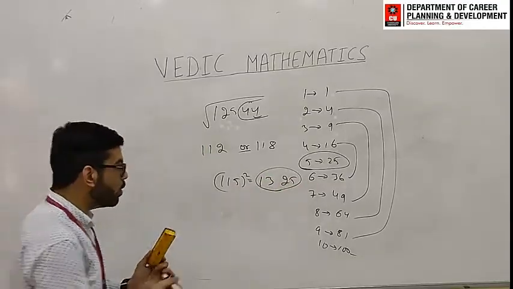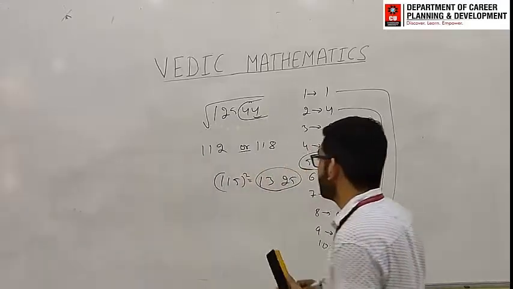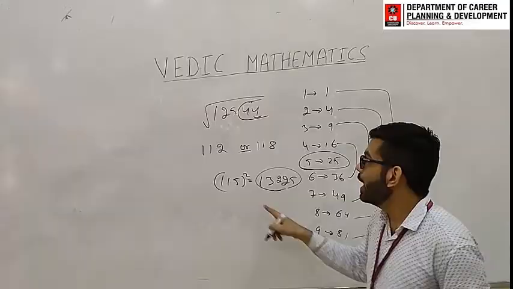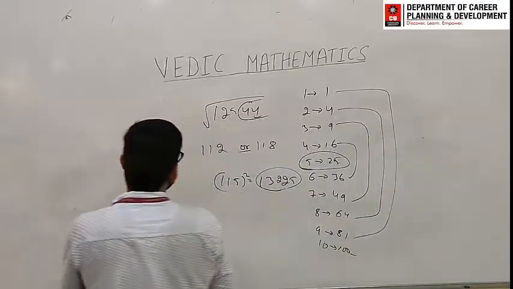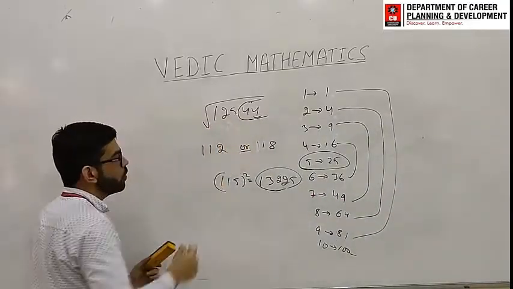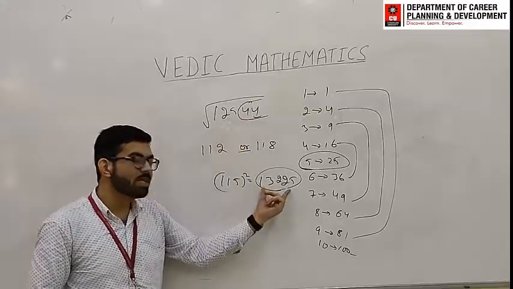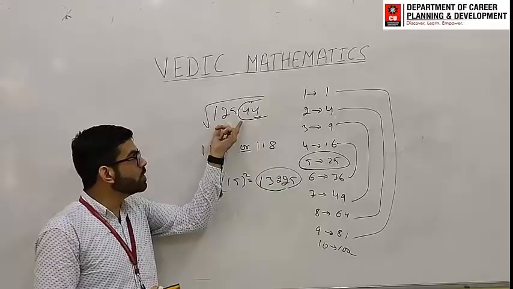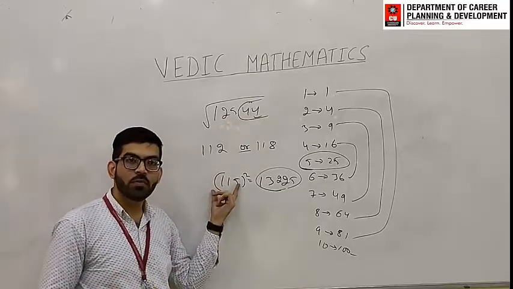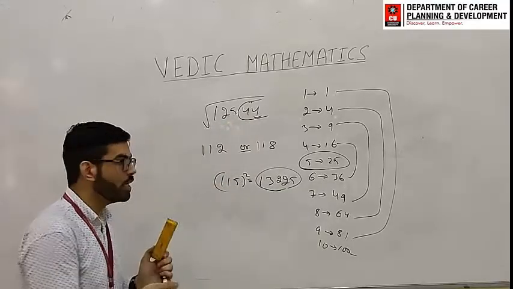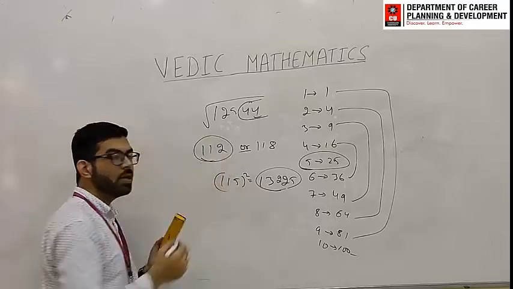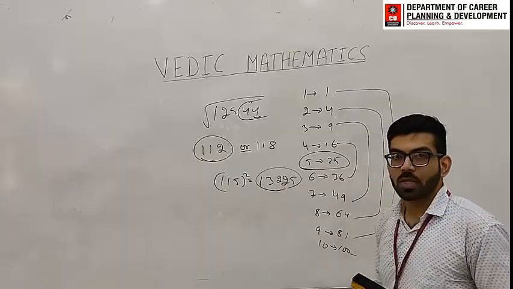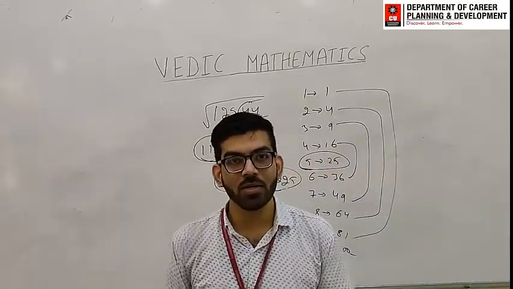The square of 115 is 13225, and this number is 12544. This number is less than that number. That means we can say that the square root of this number will be less than 115, and the number less than 115 is 112. So our answer will be 112. Okay, I hope this is clear. Thank you everyone. Thank you very much.